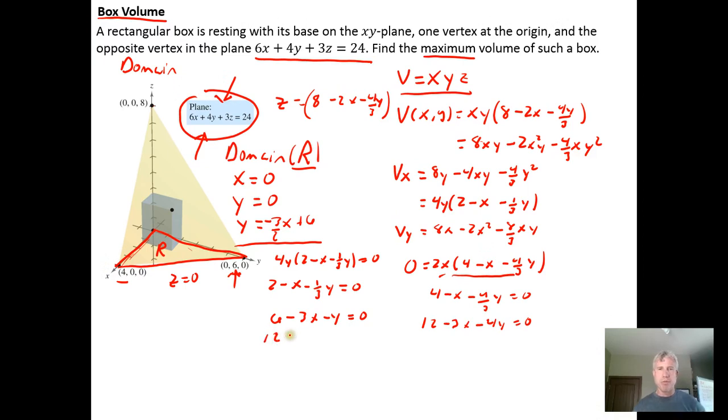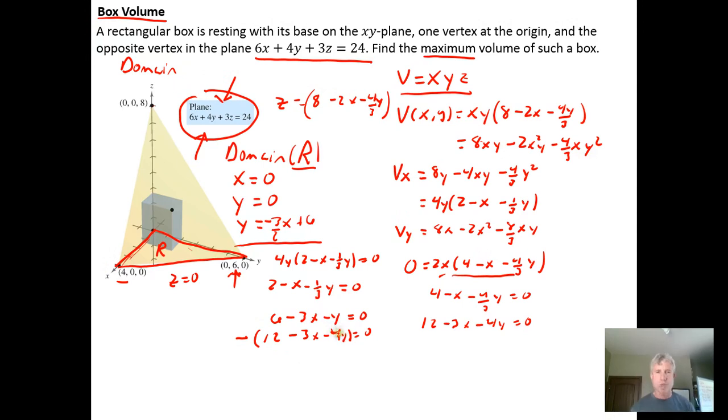Here I've got the 12 minus 3x minus 4y equal to 0. And we've got a system of two equations and two unknowns. So we just need to solve it for one of the unknowns. And what I want to notice is if I subtract this equation minus this equation, the x's will zero out for me very easily.